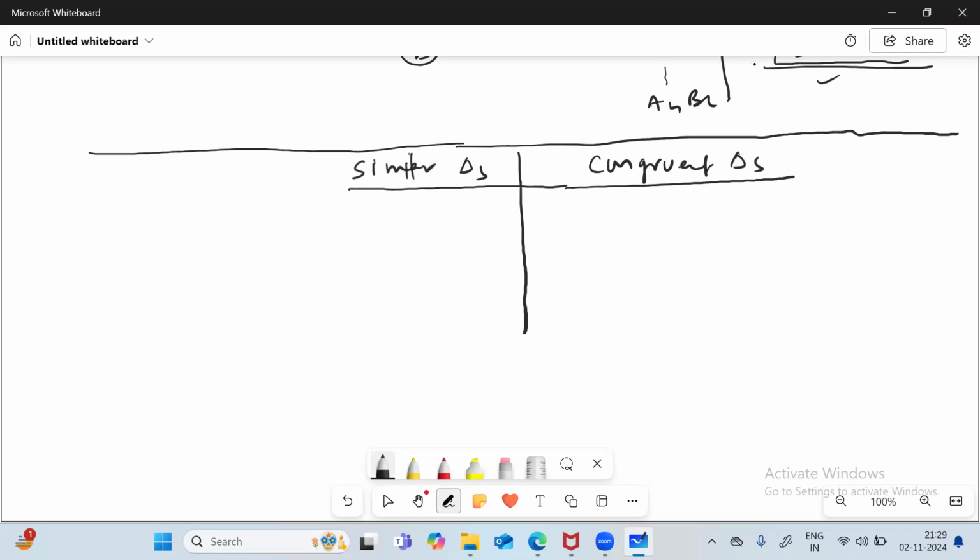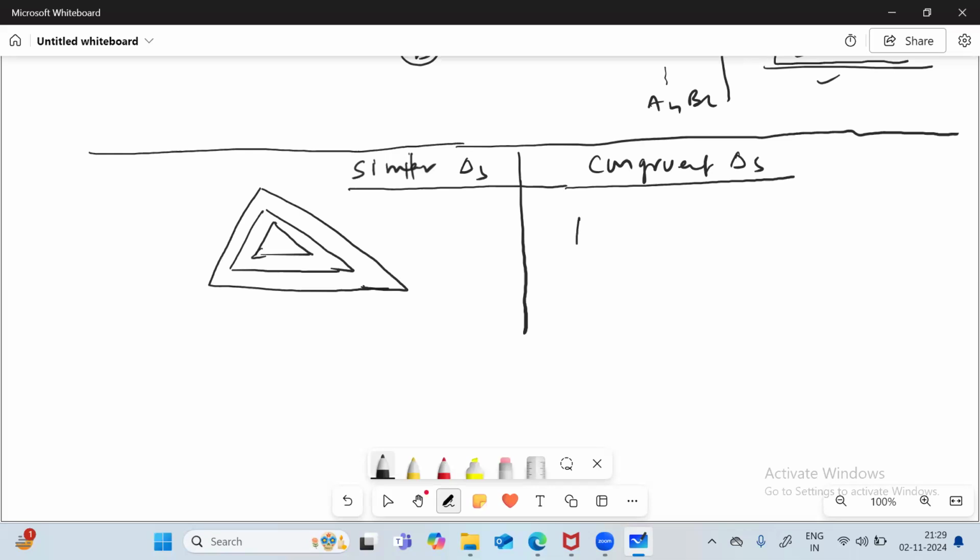Similar triangles are those which look similar, that means all the angles of the triangles are the same. All these triangles are similar.